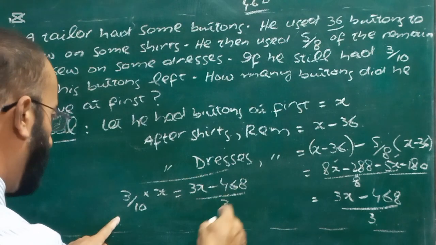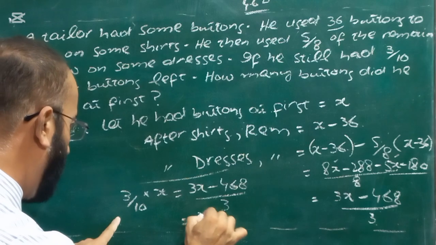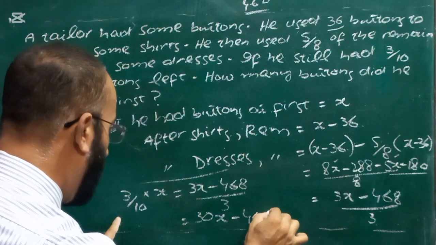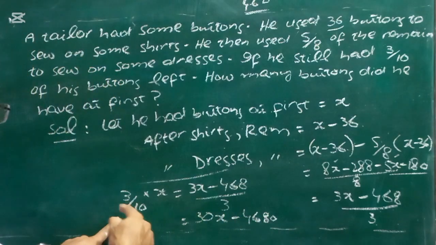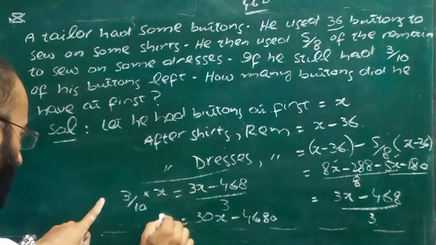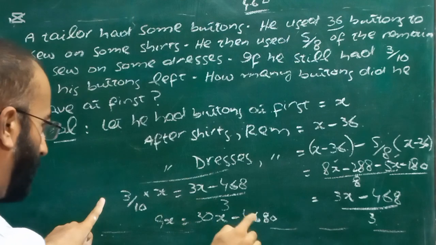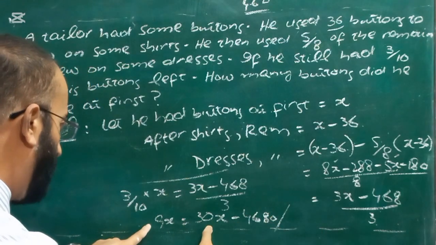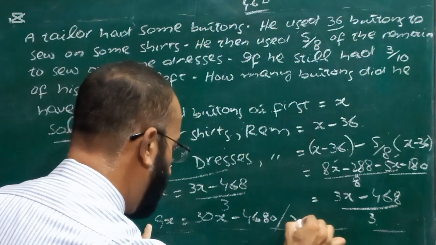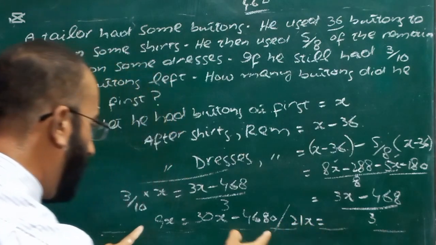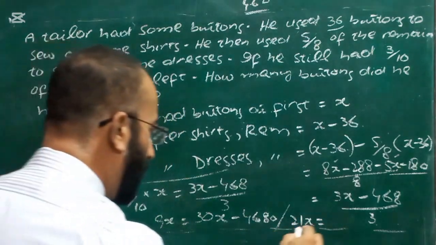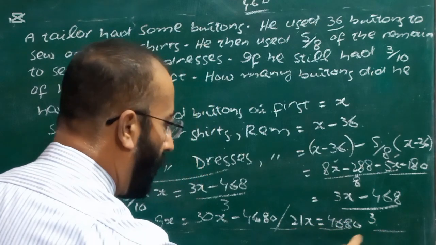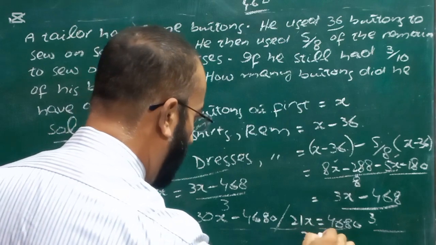This 10 will go to the right side. It will become 30x minus 4680, and this 3 will come to the left side, so it will become 9x. 9x will go to the right side. It will be 21x, and this will come to the left side, so 4680. Solve it on the calculator, you will get the answer.